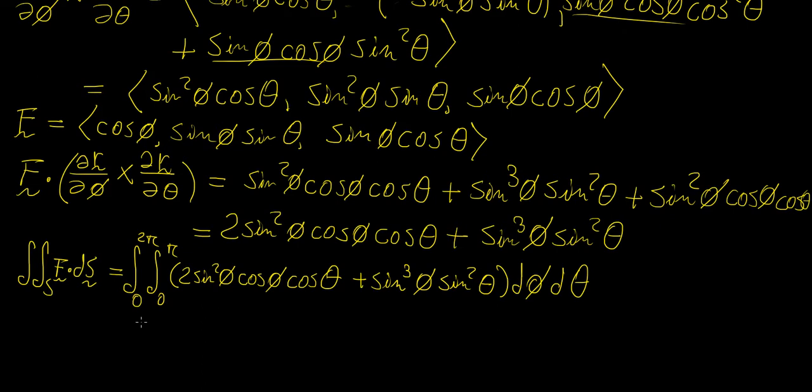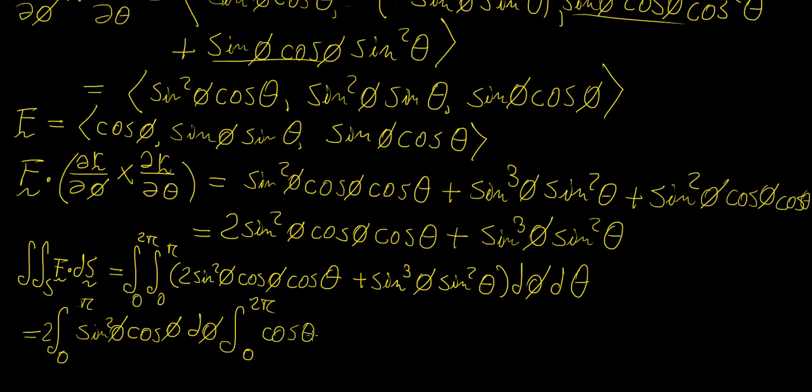So basically what we can do is take the 2 out here, integral 0 to pi of sine squared phi cosine phi d phi, actually this should be pi because I'm doing it the other way around, and then this is going to be times the integral from 0 to 2 pi of cosine theta d theta.